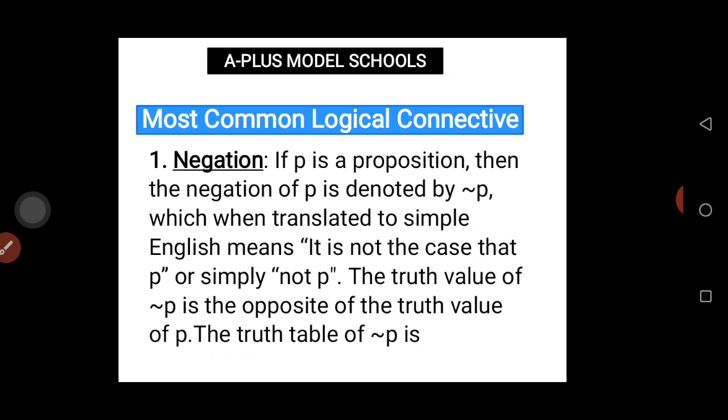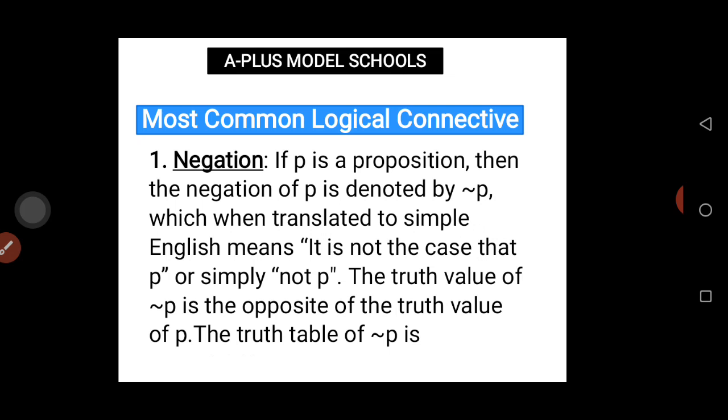The first one is negation. Negation, which means not, is the opposite of a statement. If P is a proposition, then the negation of P is denoted by the symbol you can see.